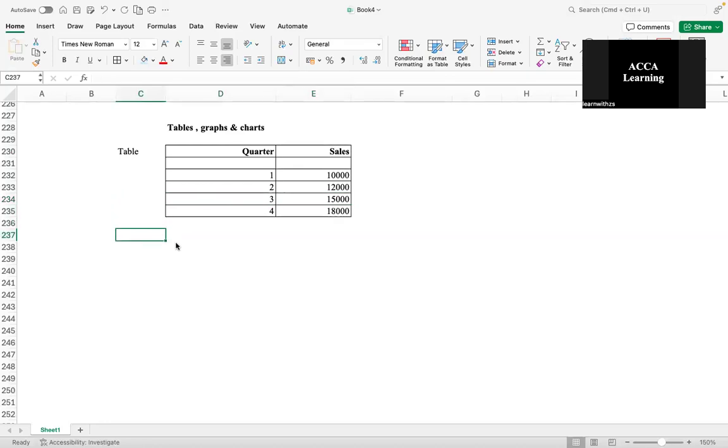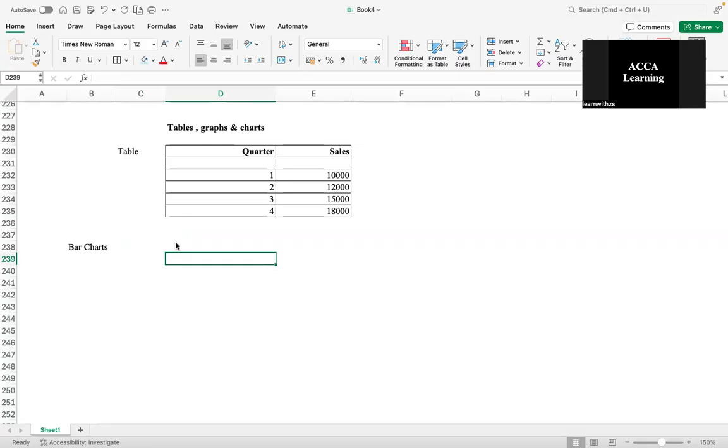Talking about bar charts. How would a bar chart look? So let's take an example. Let's talk about cars.